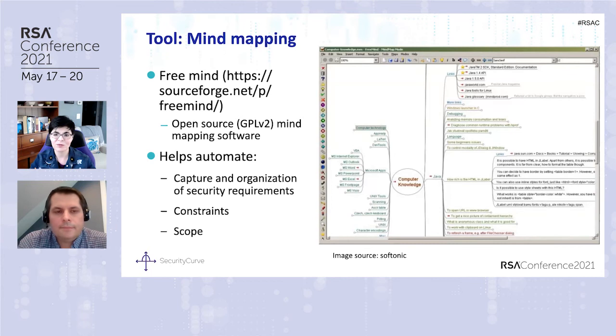So if you've been a little bit resistant, like I was, when you're doing architecture, and especially as you're gathering security requirements, mind maps can be very, very helpful. And this one is a nice free tool to be able to do that.